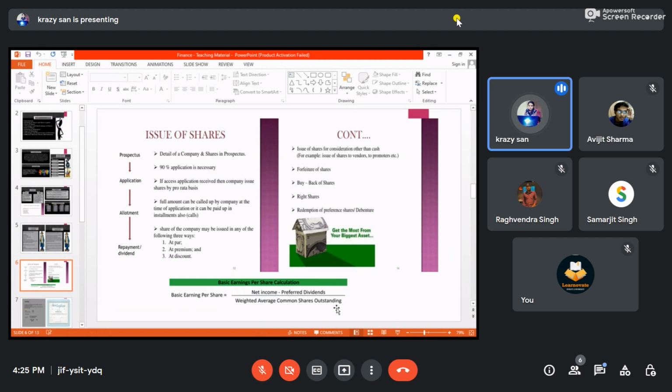The full amount can be called up by the company at the time of application, or it can be paid in installments. Suppose a company is issuing 1000 shares and you have applied for 1000. It might not be possible that you'll get 1000. You might get a certain amount because a huge number of people will be applying.